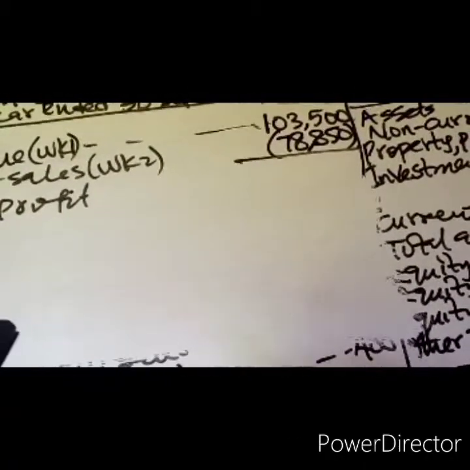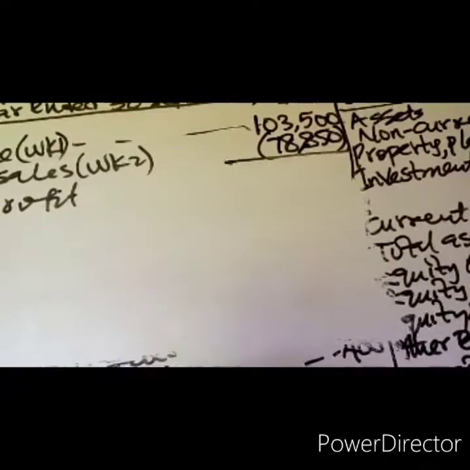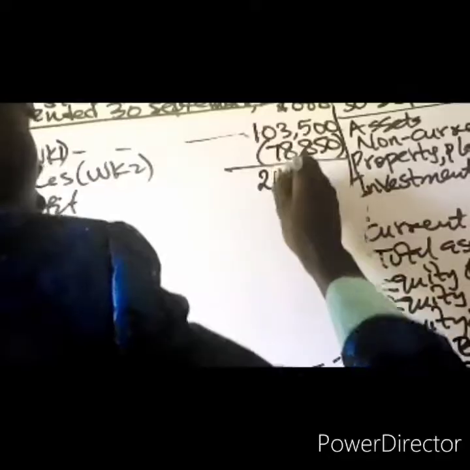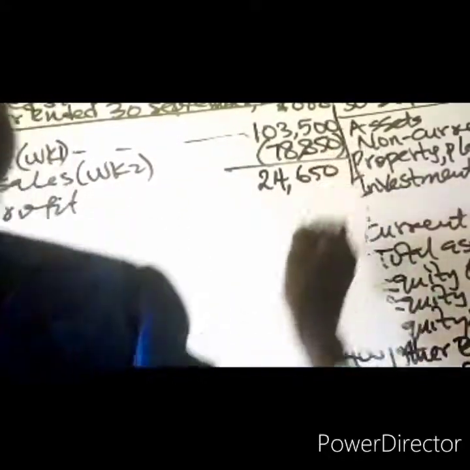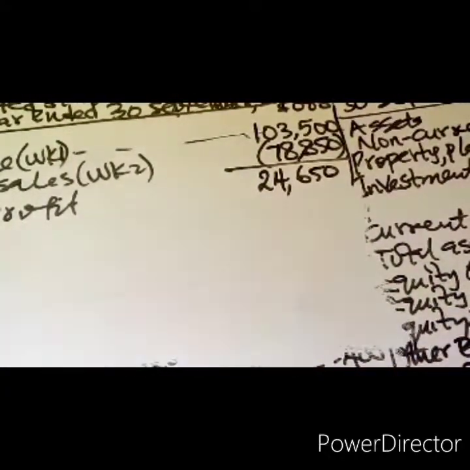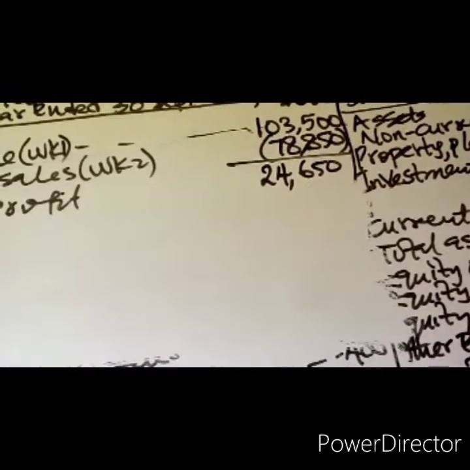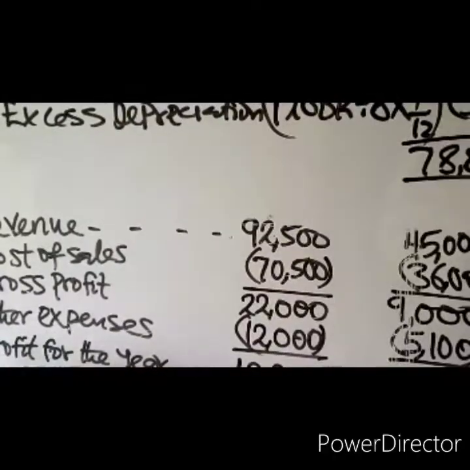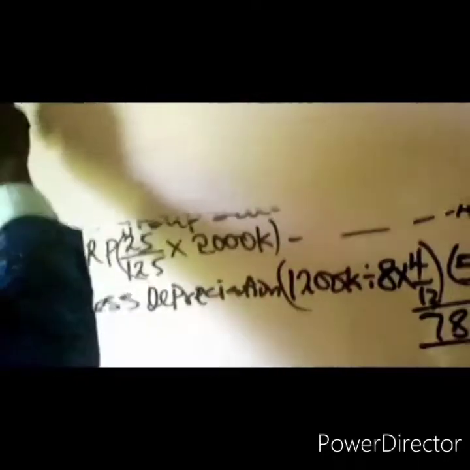So subtract 78,850 from 103,500. Then our gross profit will be 24,650. After gross profit, the next thing is other expenses.